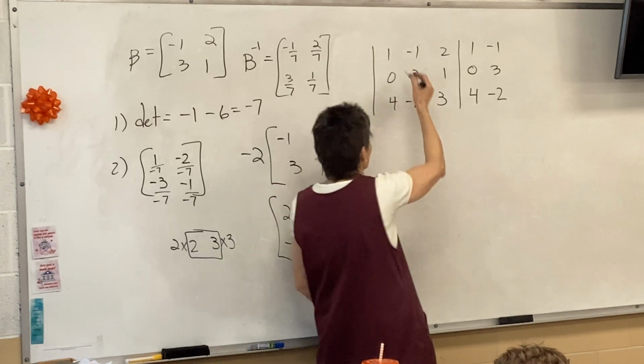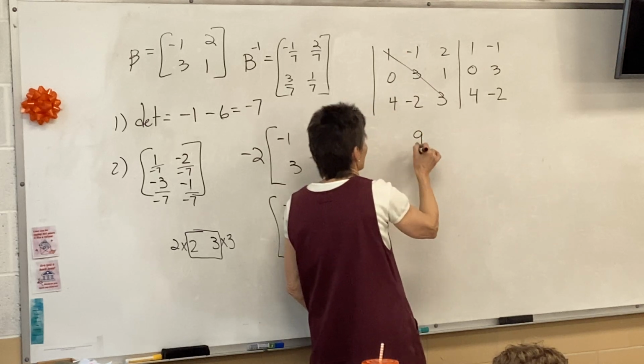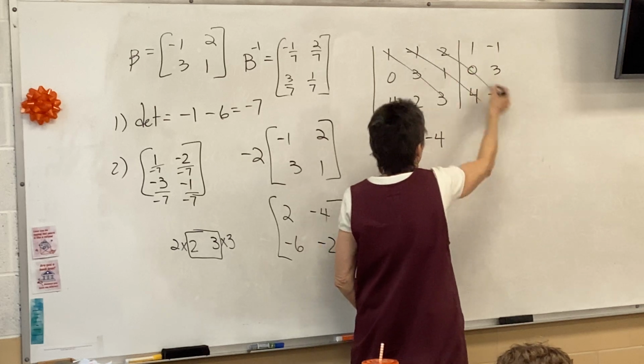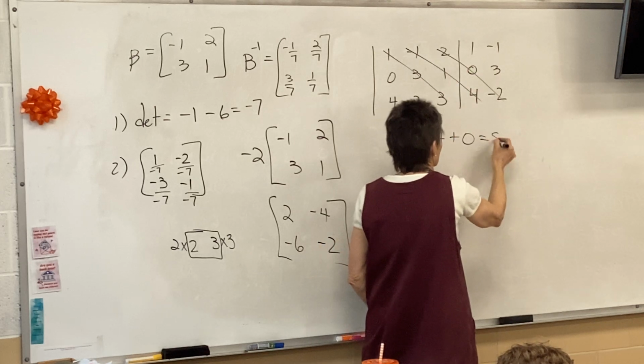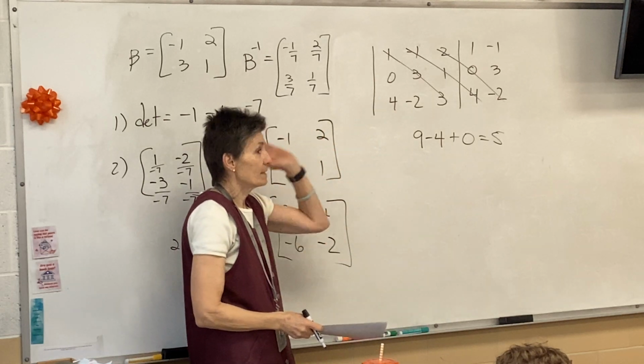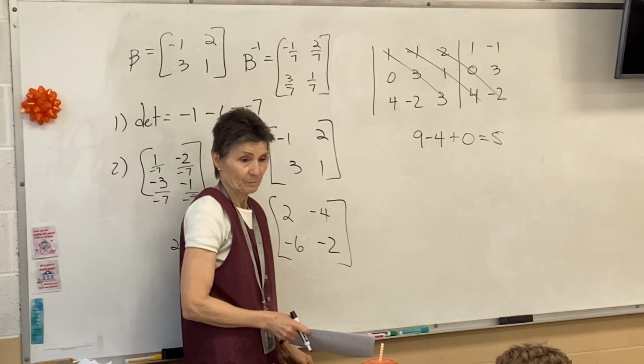And then we start multiplying. So multiply, multiply, multiply, and add all those up. So I got a 9, a -4, and a 0, right?